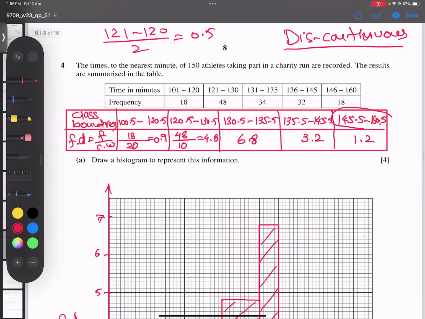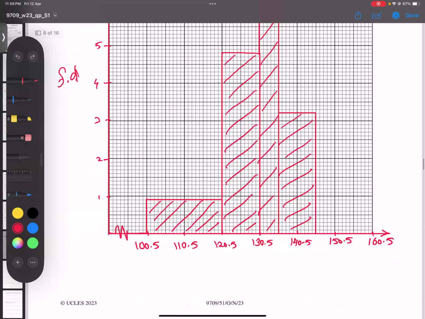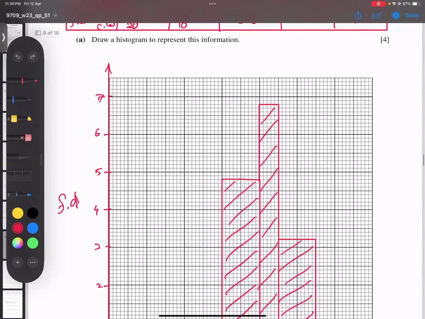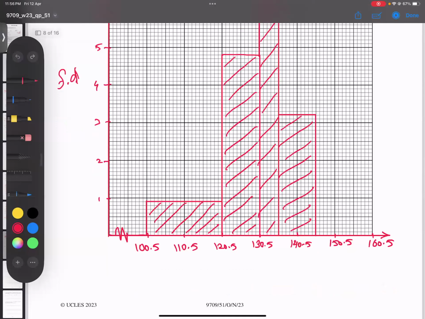It is 145 to 160. 145 is here and 160 is here. What is the height? 1.2, and 1.2 is here, 2 boxes. You can make this kind of shading even, no problem at all. The point is very clear, Alhamdulillah Rabbil Alamin, and we have done it.